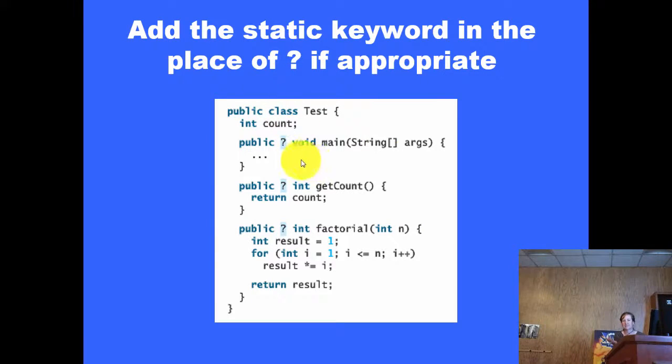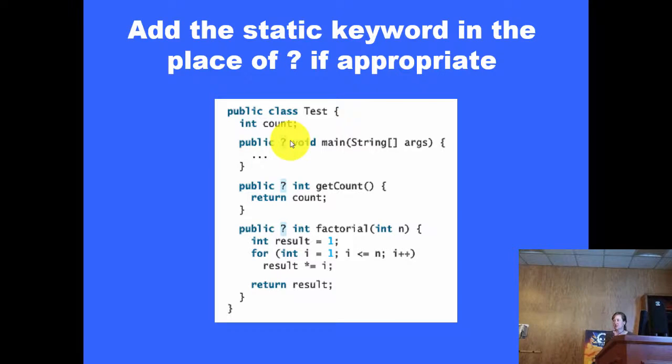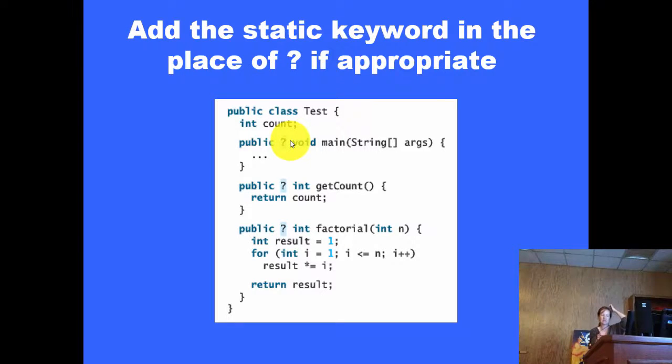Main is always static because we don't have an object call it. Remember, if something is static, it means an object does not have to call it, and it does not use instance variables. The second one accesses the instance variable, so it cannot be static. This third one does not use an instance variable, so it could use static. It doesn't have to, but it could. So that's why that one was a 5-pointer.